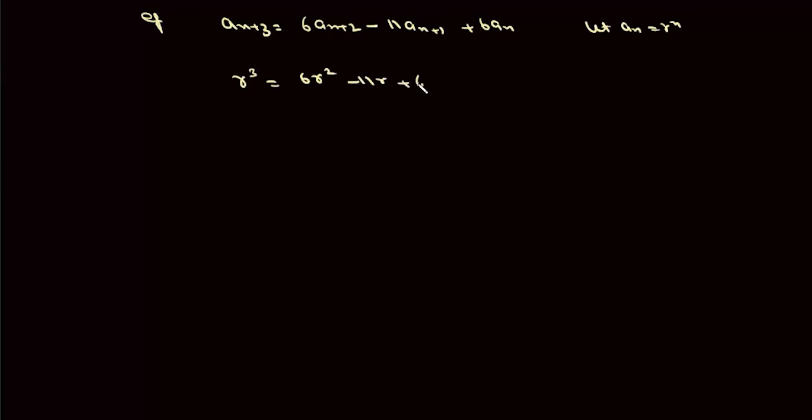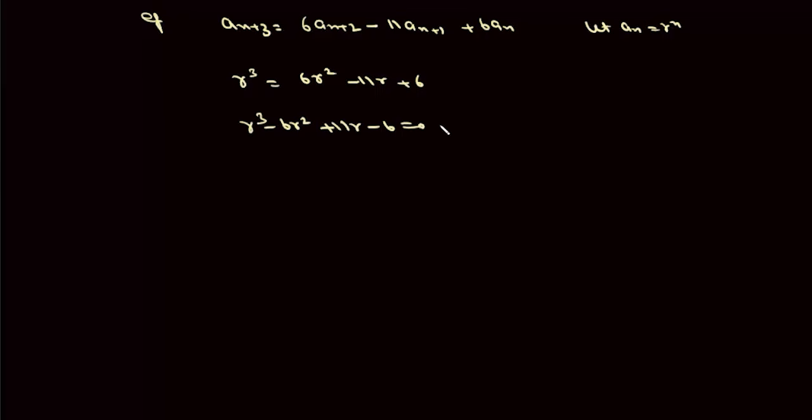Say for example, we're given that a_{n+3} is 6a_{n+2} minus 11a_{n+1} plus 6a_n. Now this is linear, and coefficients are constant. So again we'll let a_n as r to the power n. Now this is r cube equals 6r square minus 11r plus 6, or r cube minus 6r square plus 11r minus 6 equals 0.